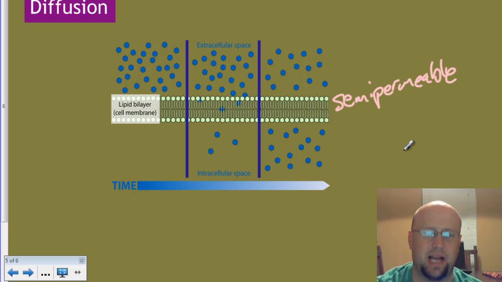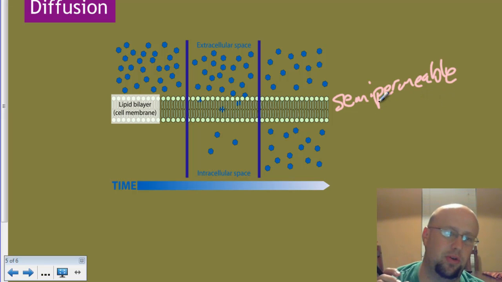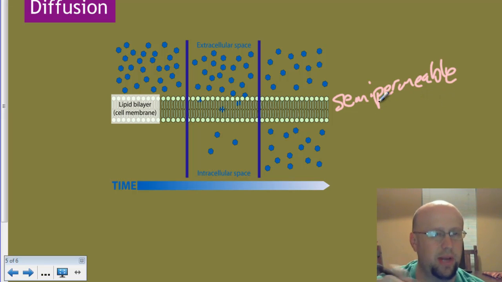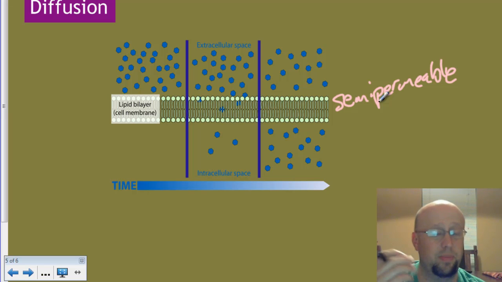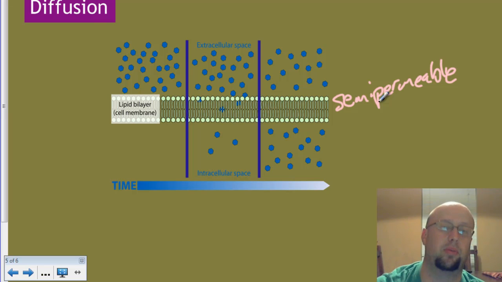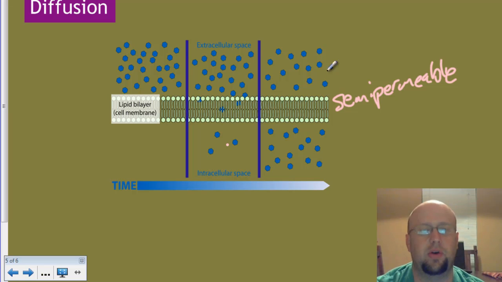Okay, and that's exactly what the cell is. It's semi-permeable, meaning that it's permeable. Permeable means that stuff can get through it. And so semi-permeable means that it allows some stuff through. And basically what that means is the small non-polar molecules can get through. So from high concentration to low concentration, and the point of diffusion is that it wants to equalize things out.